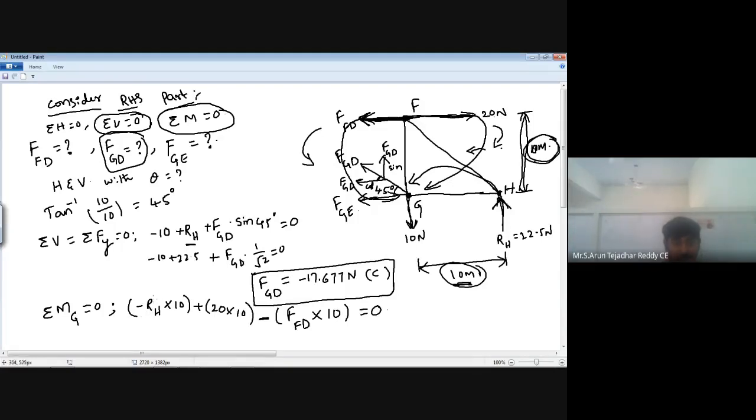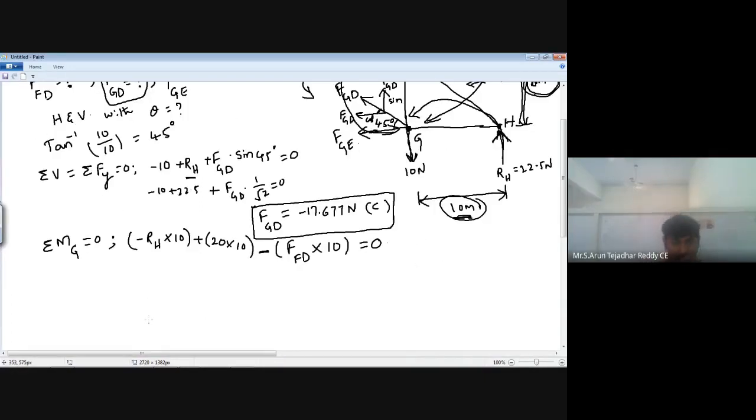And here we know the RH value, that is 22.5. Minus 22.5 into 10 plus 20 into 10 minus FFD or else FDF into 10 is equal to 0.